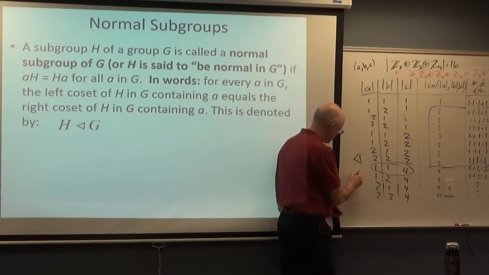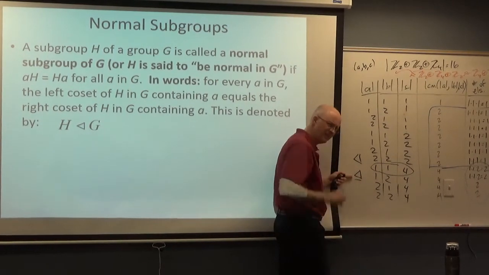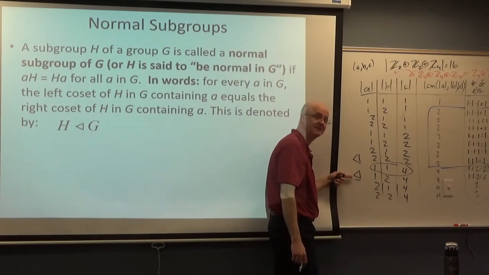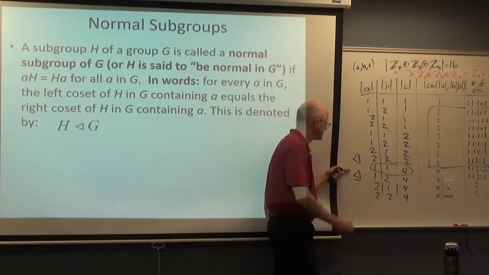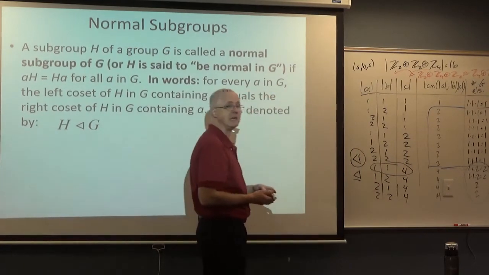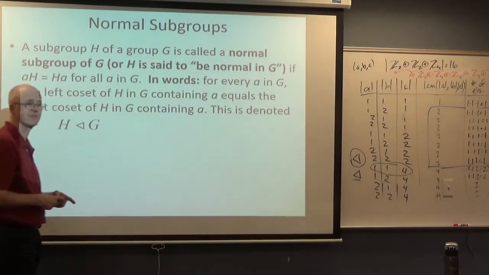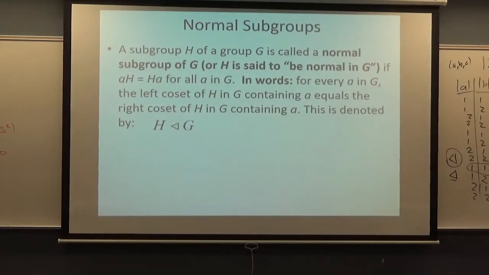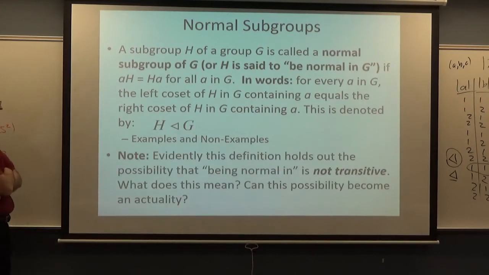I've never seen anybody write this, but I suppose you could. It's always just been a plain triangle, keeping in mind that H could equal G. All right, so that's special notation for being a normal subgroup. We'll look at an example in a minute.